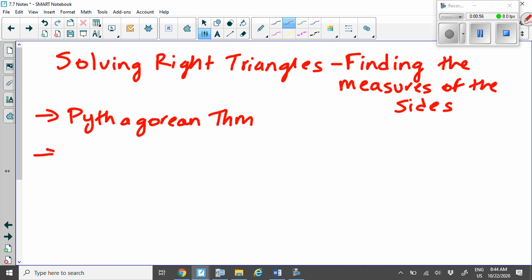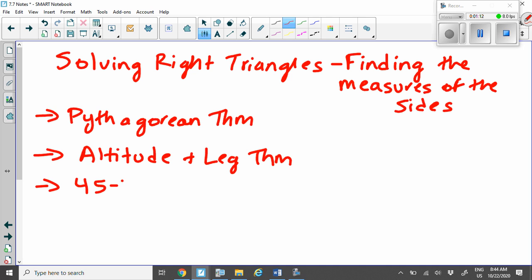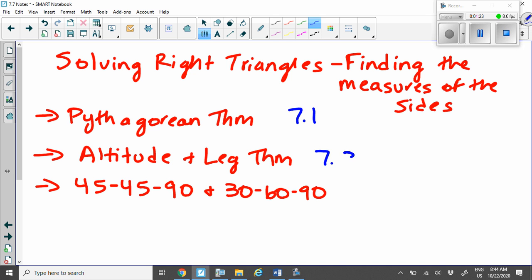Then we talked in 7.3 about our altitude and leg theorems. Then in 7.4 we talked about those 45-45-90 and 30-60-90 triangles. So the Pythagorean theorem was 7.1, this was 7.3, and this was 7.4.